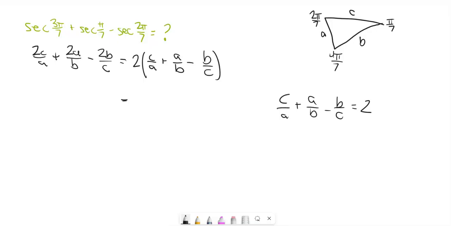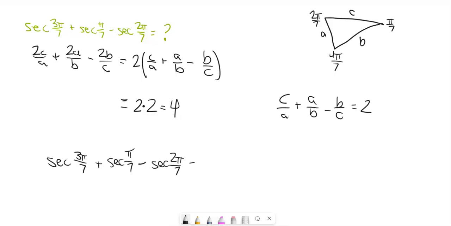So what happens is we replace the entire parentheses with 2. So 2 times 2 is 4. So therefore the secant of 3 pi over 7 plus the secant of pi over 7 minus the secant of 2 pi over 7 equals 4.